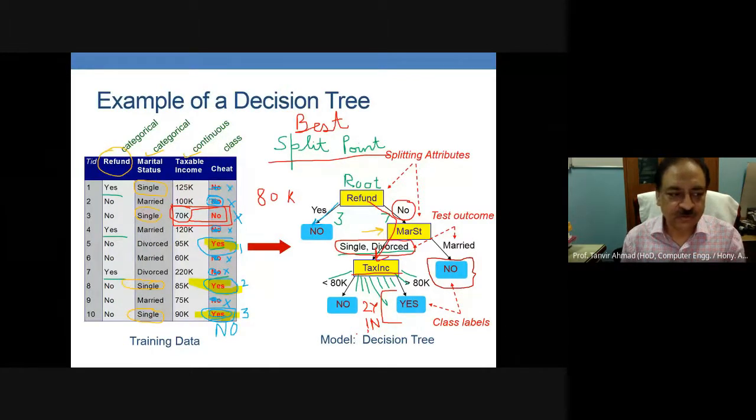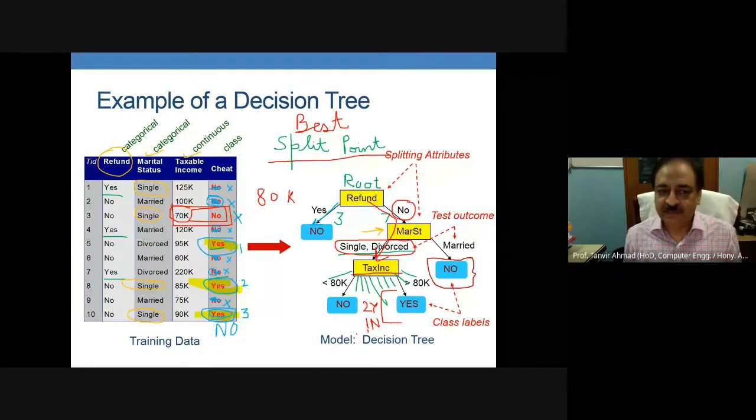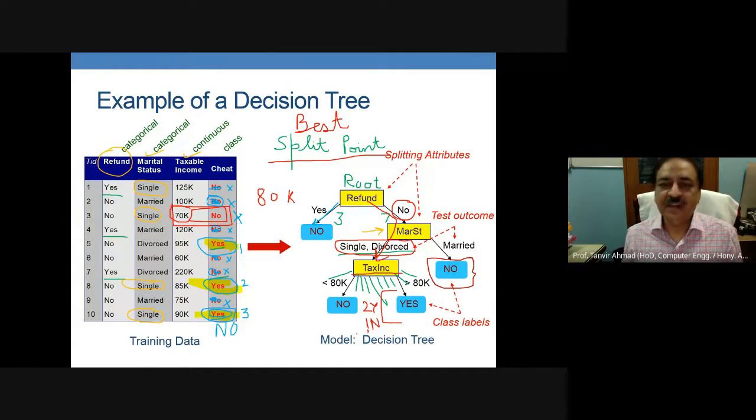Is it clear to you? सर इसमें मैरिड में भी प्योर मिल गया सर, हर बार थोड़ी ट्रू होगा। करेक्ट, मैरिड इसमें में क्या करें? मिल गया तो हमने वहां पे इसको नो लगा दिया। सिमिलरली रिफंड में यस आया, वो भी प्योर मिल गया। मैरिटल स्टेटस के बाद हमने चेक किया टैक्सेबल इनकम पे, less than 80K will give a pure partition, greater than 80K also gives a pure partition, but that is just a chance because the number of tuples are very less.